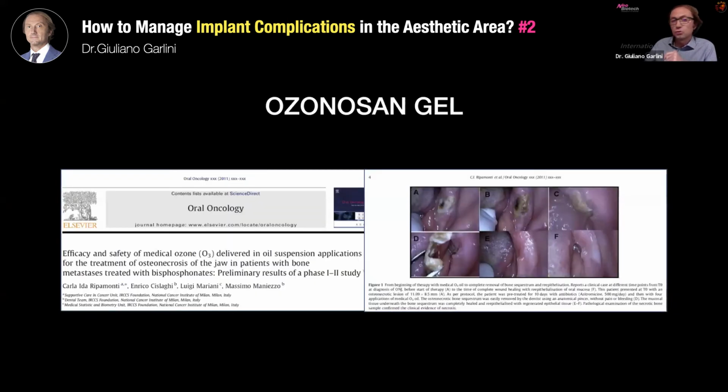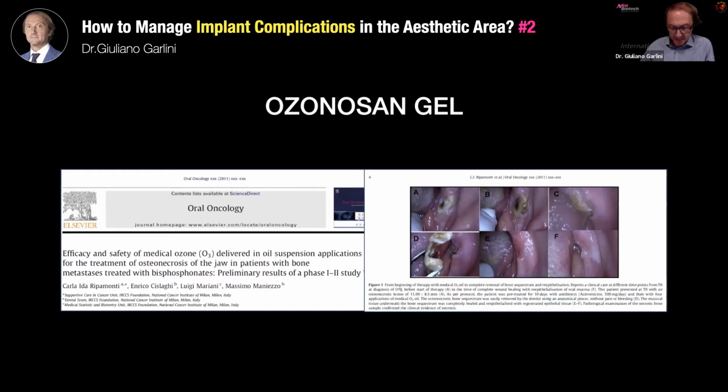I started to utilize Oxone to clean the implant when I had periimplantitis 2 or 3 years ago, when I saw a publication in the Journal of Oral Oncology in 2011 by an Italian group of the National Cancer Institute of Milan. They used the Oxone gel over the osteonecrosis from bisphosphonates that they treat in the oral region.